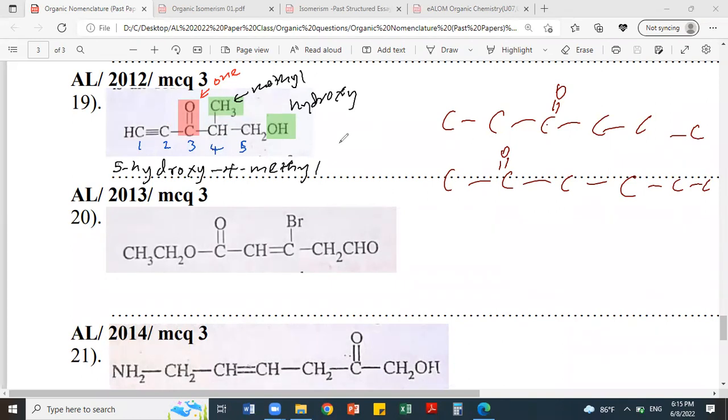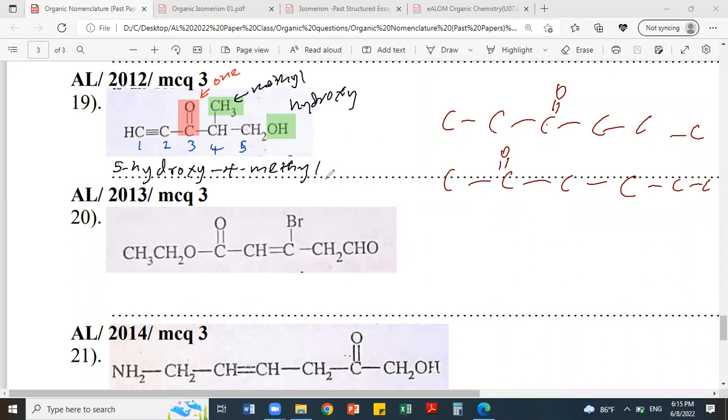Why? It's pentyne. Pent means 5 carbon, yne means there's a triple bond, but you write at the beginning of which carbon the triple bond is. 1-yne. You have to write here 3-one. Why 3-one? Because I told you this oxygen can be attached to any other carbon.